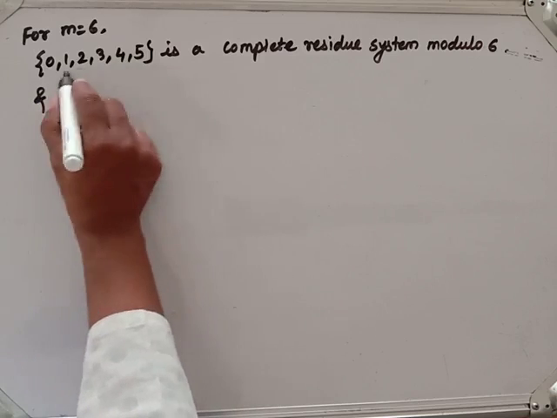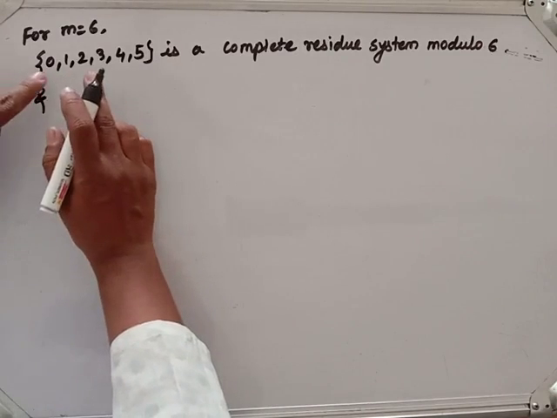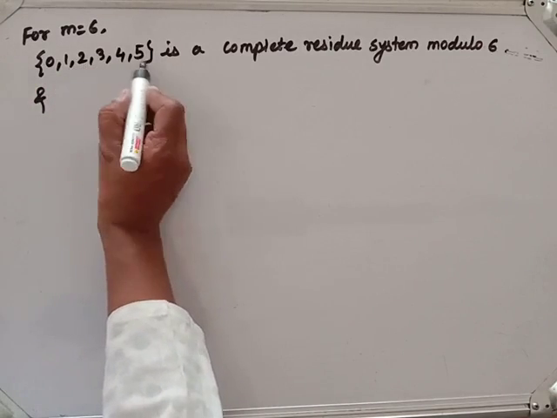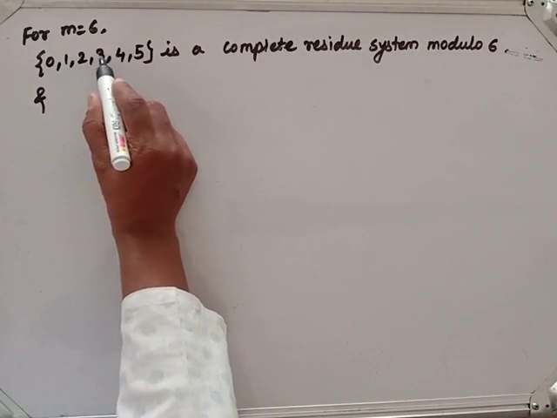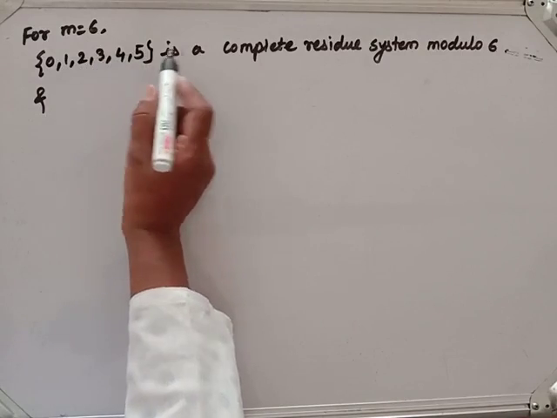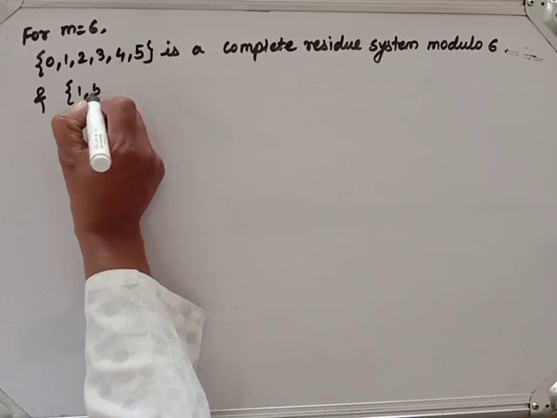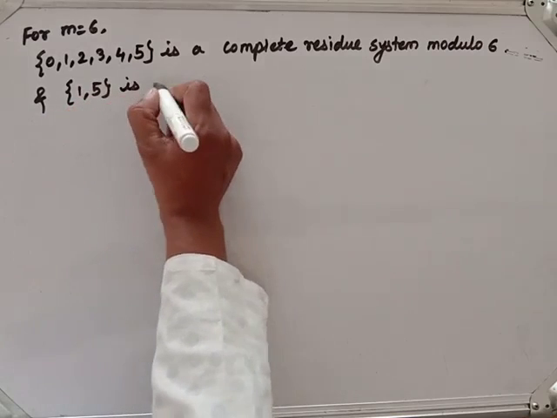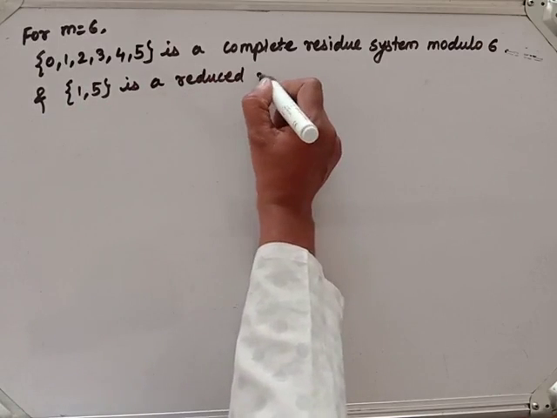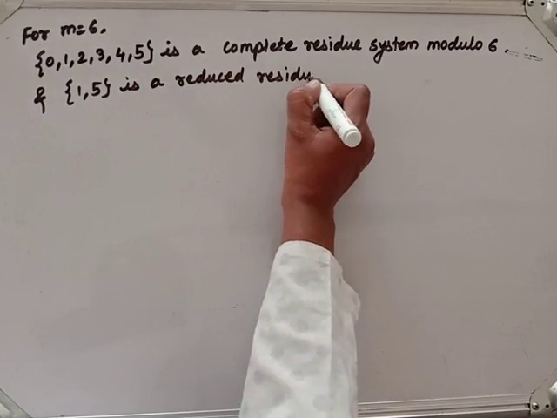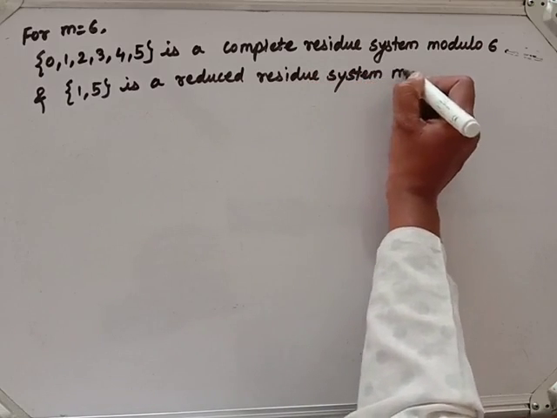Which of these will be relatively prime with 6? We don't want to take 0. 1 is relatively prime to 6, 2 is not, 3 is not, 4 is not, but 5 is relatively prime to 6. So 1 and 5 form a reduced residue system modulo 6.